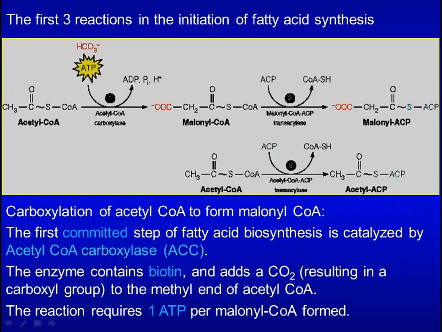To initiate fatty acid synthesis, we will need to load 1 acetyl-CoA onto one arm and 1 malonyl-CoA onto another arm of the fatty acid synthase. This is accomplished in 3 reactions. First, acetyl-CoA carboxylase synthesizes 1 malonyl-CoA. Second, malonyl-CoA is loaded onto one arm of the enzyme.